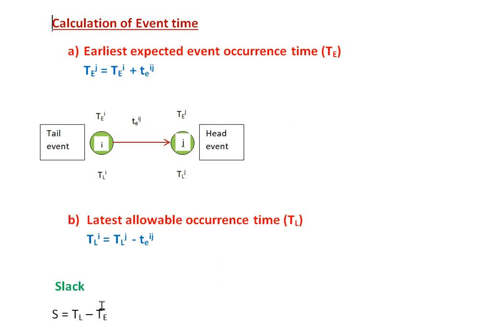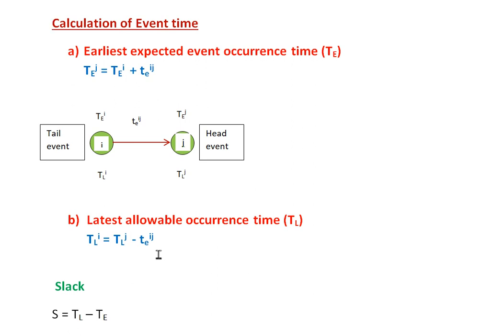Slack basically denotes time. So slack time is the difference between the latest allowable occurrence time and the earliest expected event occurrence time. To determine the earliest expected event occurrence time, we need to add the time duration to the earliest expected event occurrence time of the tail event, and for the latest allowable occurrence time we just reverse the calculation.